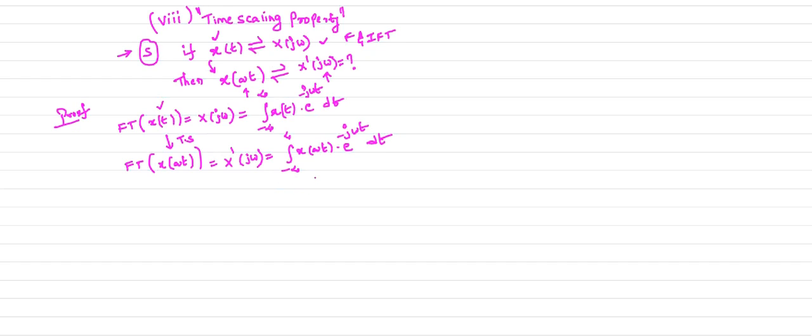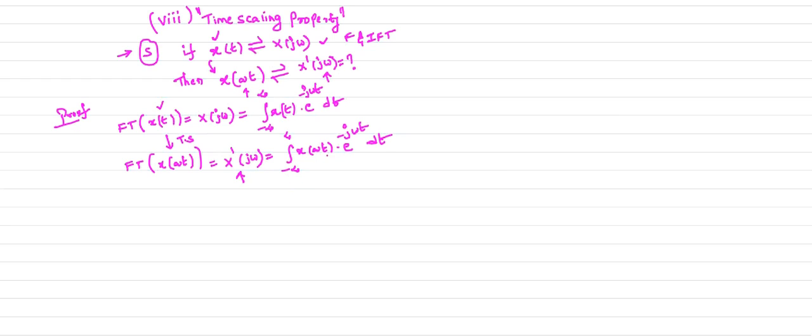Now I want to find this x dash of j omega, because I want the Fourier transform of x of at. To find it, I want to write this in terms of the standard form.